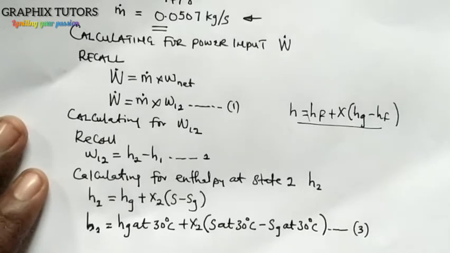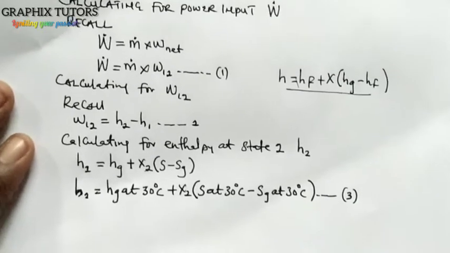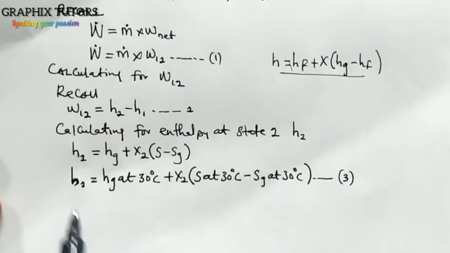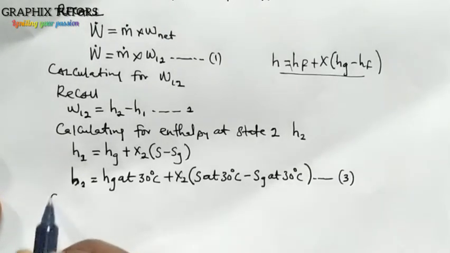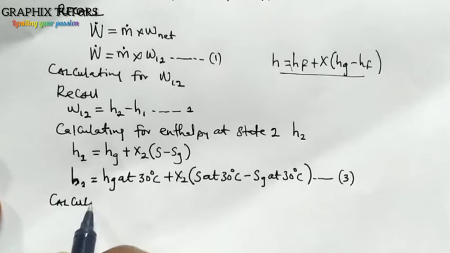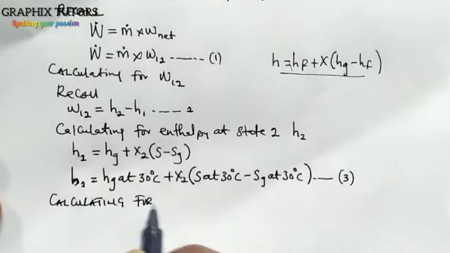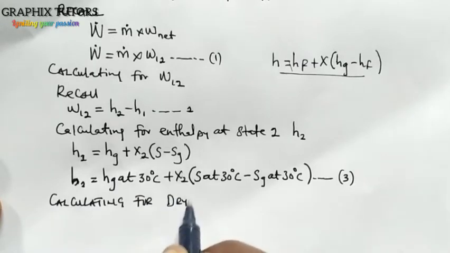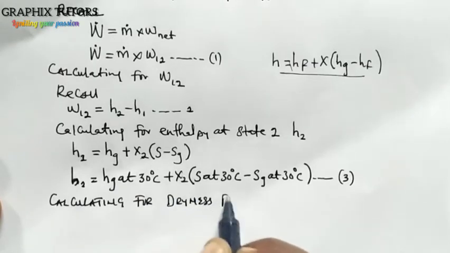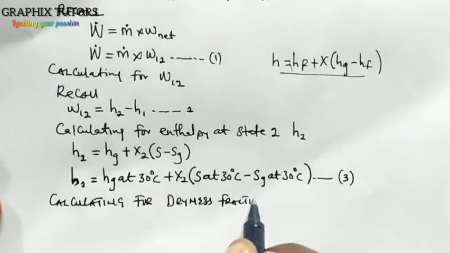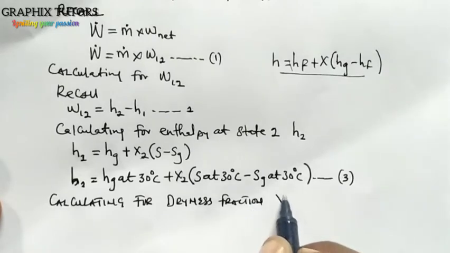So if you look at this value now, we don't know what our dryness fraction S2 is, right? So we'll write calculating for dryness fraction at state 2, that is S2.